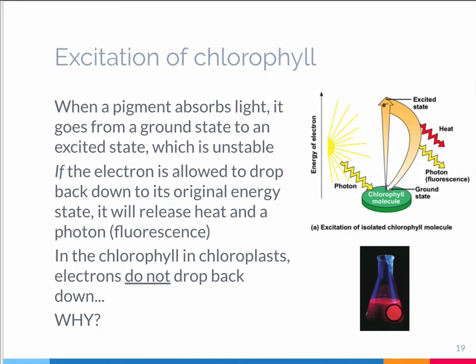Well, plants need to be able to keep their electrons in their excited states. This is how they trap the light energy rather than just letting it go in the form of heat and fluorescence. So the chlorophyll that is inside plants, the chlorophyll that's actually used to do photosynthesis, is contained within photosystems. Photosystems allow that energy to be trapped.